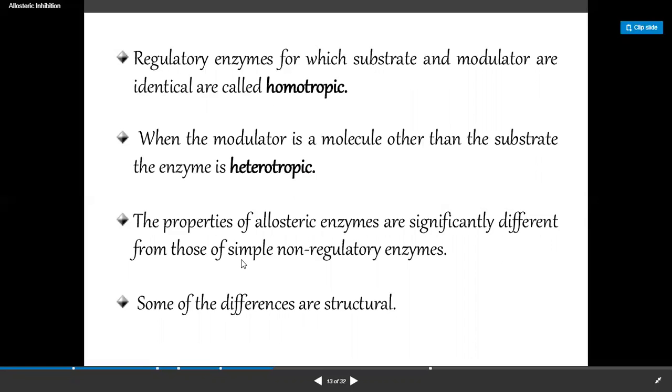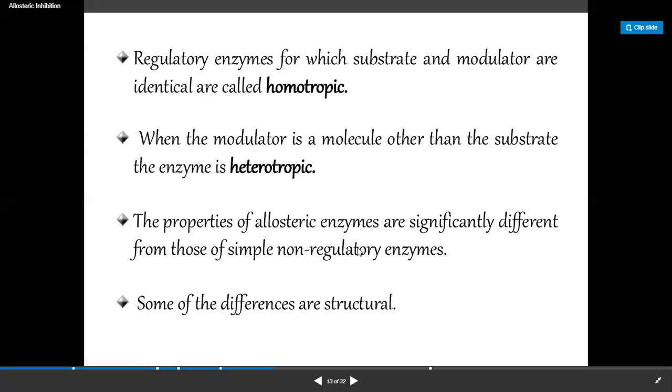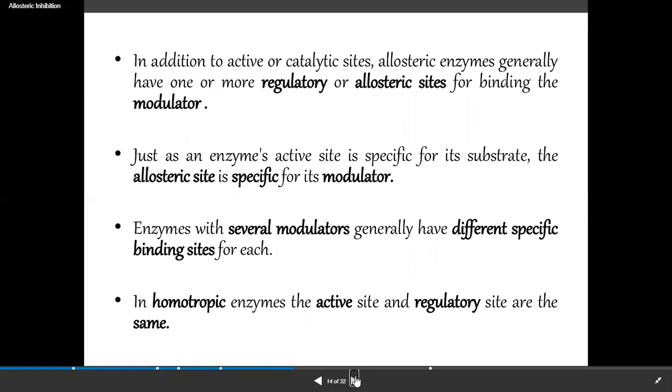The properties of allosteric enzymes are significantly different from those of simple non-regulatory enzymes. Some of the differences are structural, which means they may vary in their structure. In addition to the active catalytic site, allosteric enzymes generally have one or more regulatory or allosteric sites for binding the modulator.